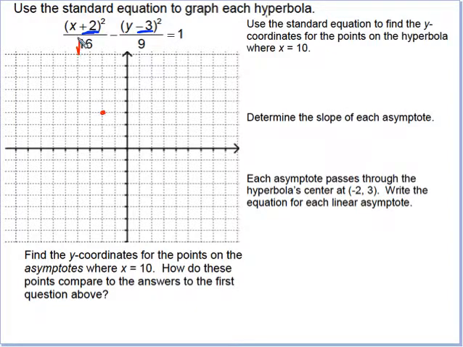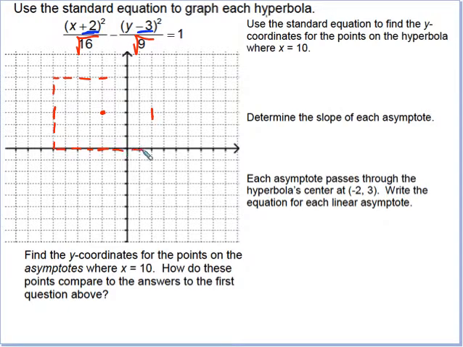My horizontal radius is going to be 4, so 4 units to the left and right. My vertical radius is going to be 3, and then I can create a box there in dotted lines.